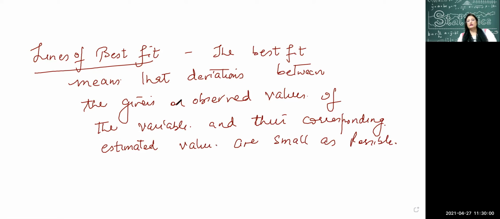What does it mean? The line of best fit means that deviations between the given or observed values of the variables and their corresponding estimated values are as small as possible.